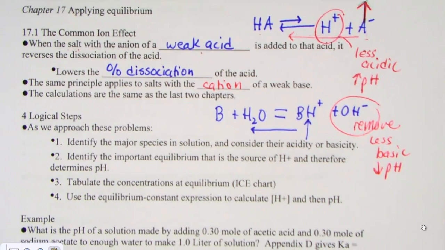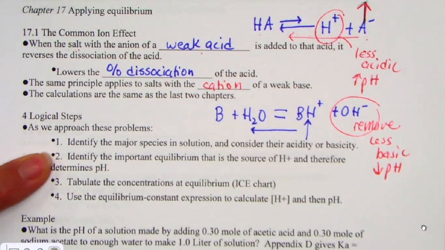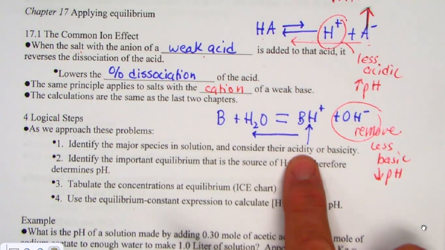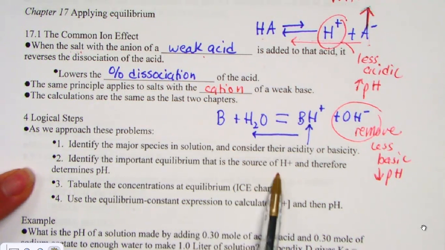So as we consider the approach to solving common ions, it really is thinking about step one, what are those major species in solution? Are we doing Ka chemistry for acids? Are we doing Kb chemistry for bases? What is it that we're actually studying? Set up an ice chart. We know that if we're studying Kas, we want to consider hydrogen ions.